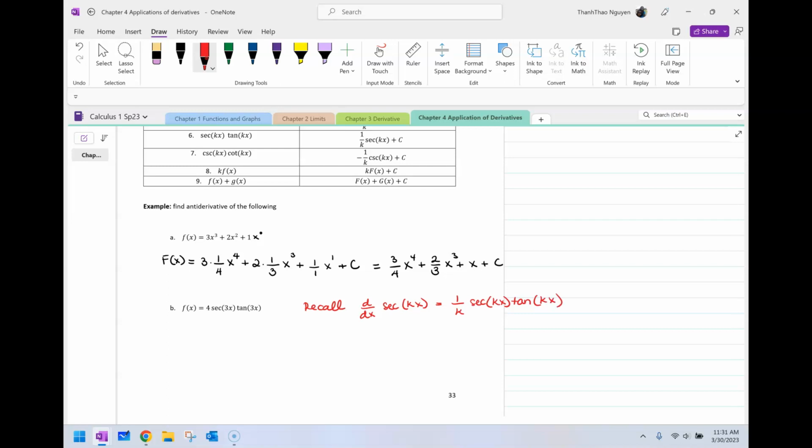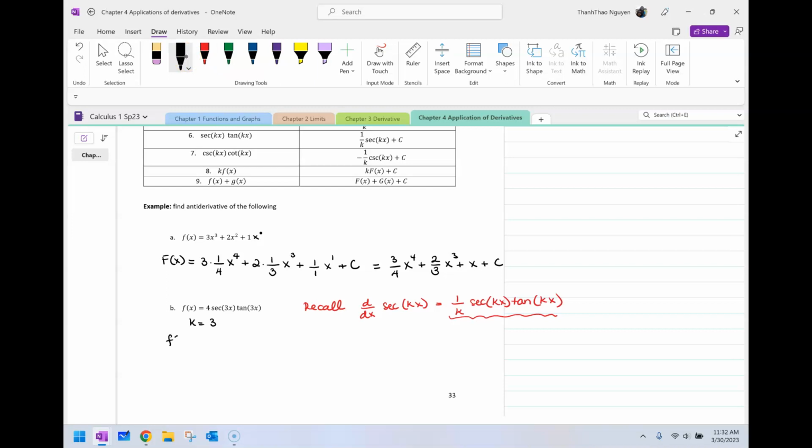So our k in this case is 3. To do the opposite, if you are given 1 over k times secant of kx times tangent of kx, the antiderivative is secant of kx. Now, our k here equals 3.